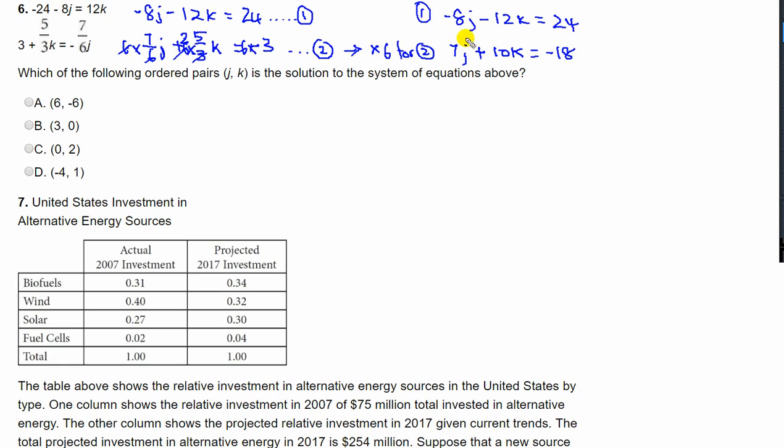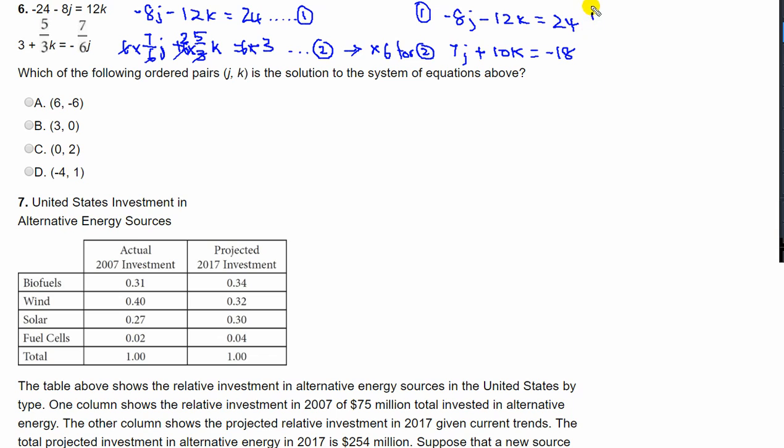Now how would you make a common coefficient? The LCM for 7 and 8 will be 56. So let's convert these to have the same LCM, that's 56.